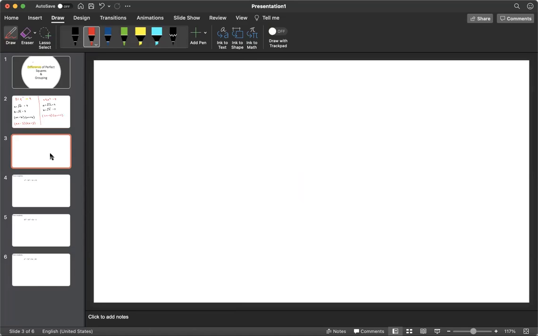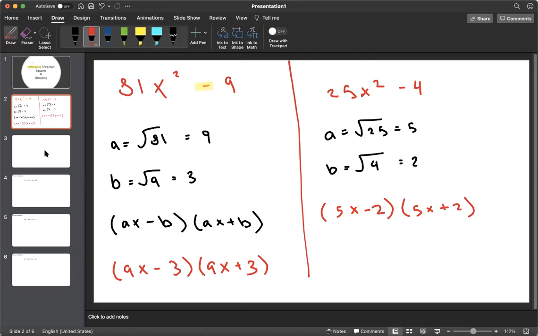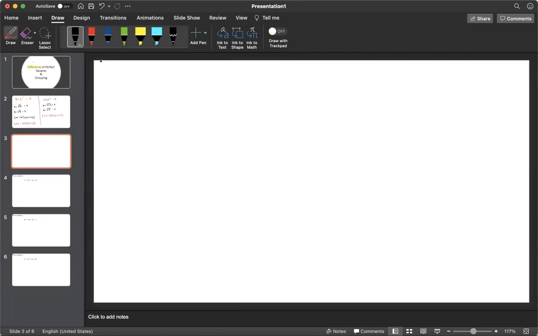Now on the test, you might see something like x squared minus 16. Remember, we have an invisible 1 right there. That is 1x squared minus 16. 1 is a perfect square, 16 is a perfect square, and we have that minus.